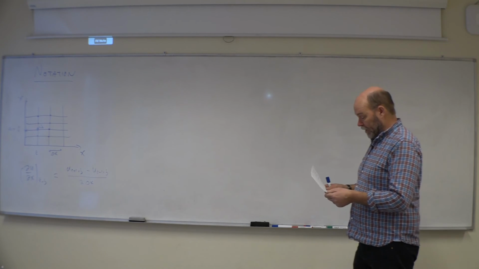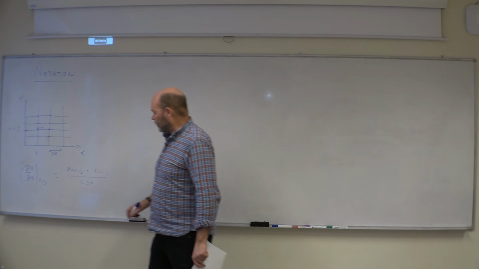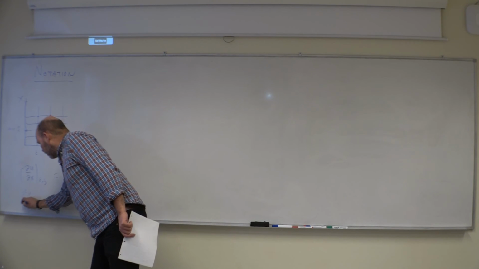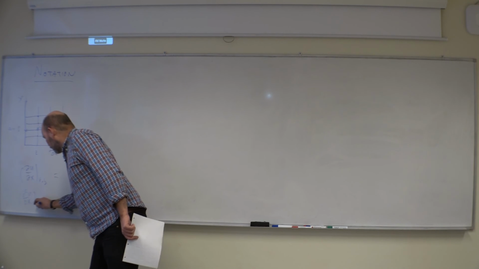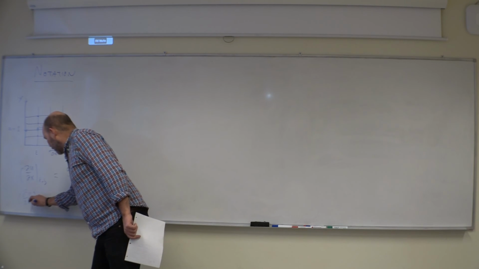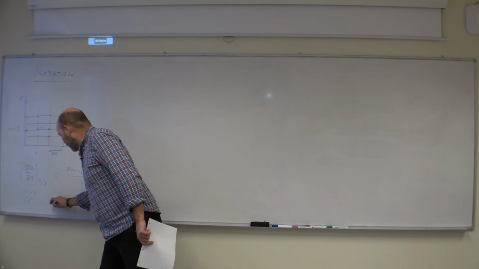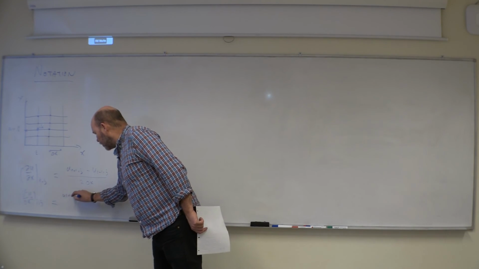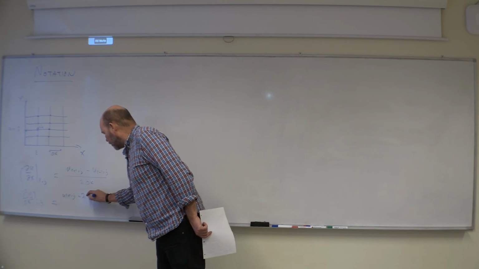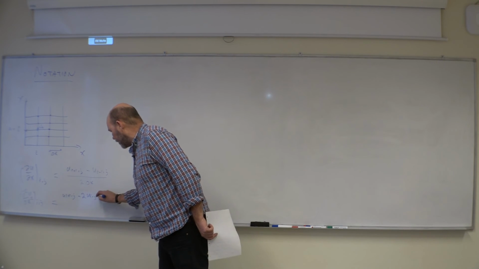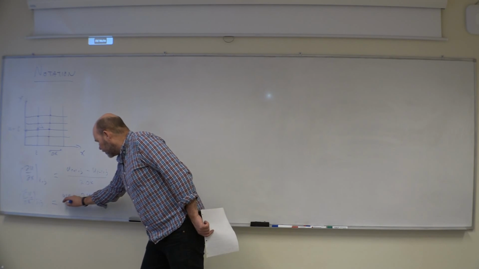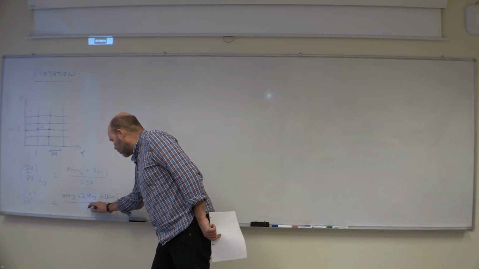If you want the double derivative of u at the same point, we say this one equals u i+1, j minus 2 times the center point i, j plus u i-1, j, divided by delta x square.